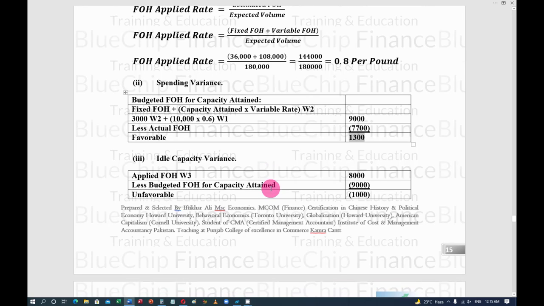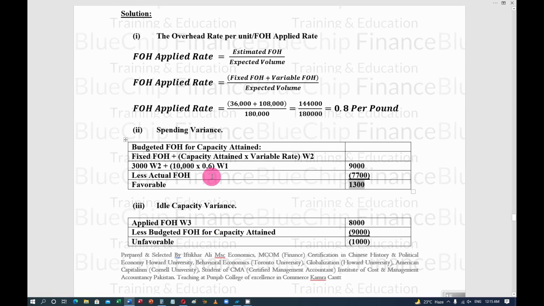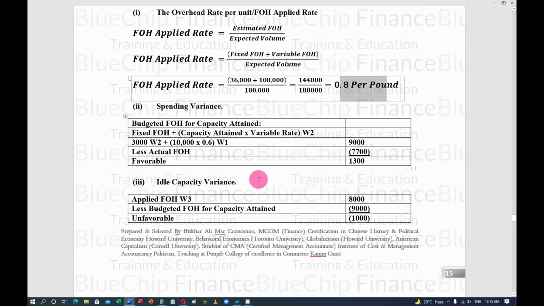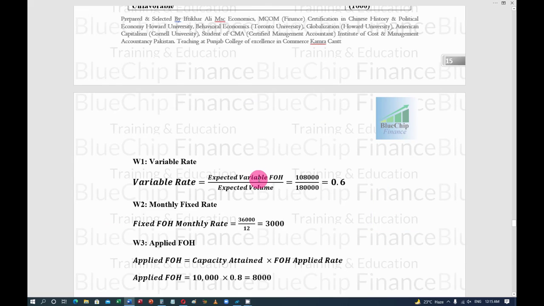And idle capacity variance is equal to applied FOH minus budgeted FOH for capacity attained. Applied FOH is always equal to capacity attained multiplied by applied rate. Applied rate, as you can observe here, is 0.8.